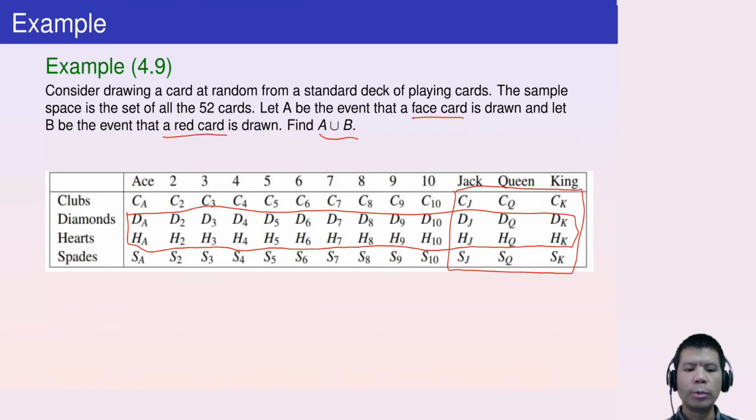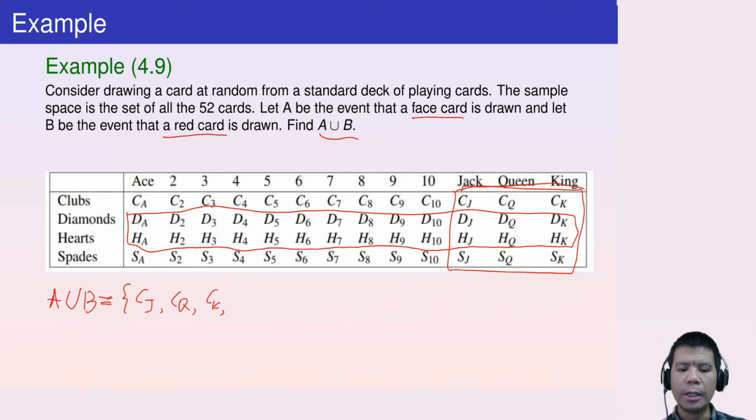Then we want to see the union of A and B. A union B is the set consisting of all the outcomes that are either in A. In this case, A is the face card, so only in A, that's CJ, CQ, CK. We're not talking about the overlap part, just those outcomes only in A: SJ, SQ, SK.